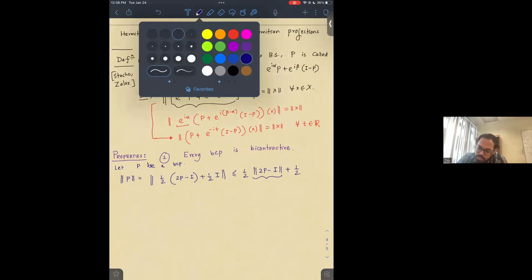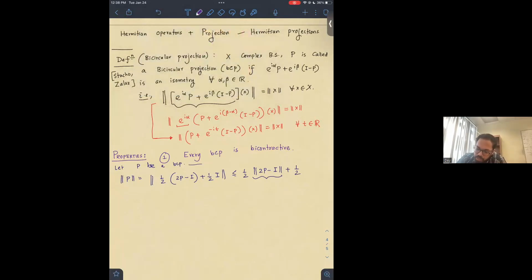Why? Because we know that P is a bicircular projection. That just means that, or maybe you can use this definition, e to the i alpha P plus e to the i beta (I minus P) is an isometry for every alpha, beta, correct? Now I can take alpha to be 0 and beta to be pi.